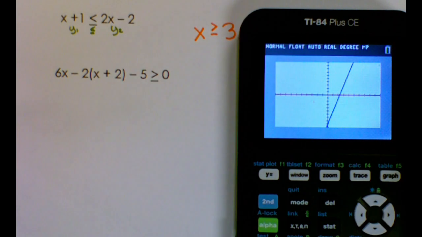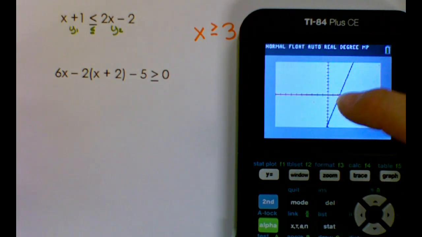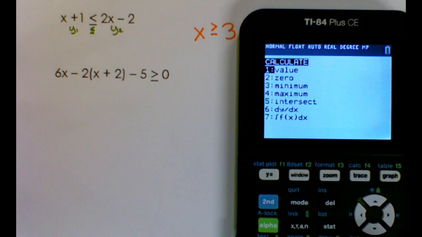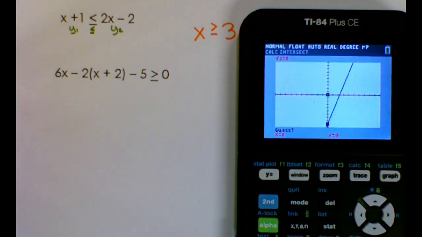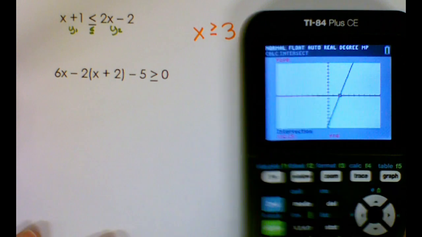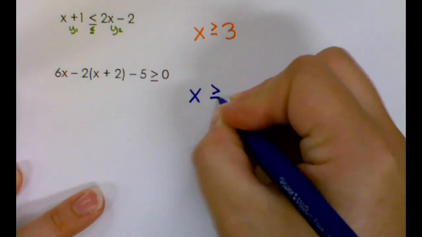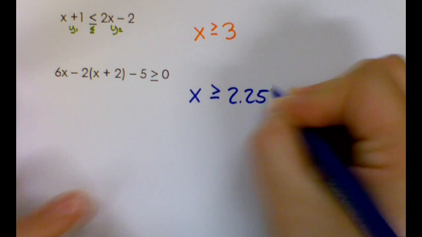I want to know when blue is greater than or equal to red. Well, that's everywhere from this intersection on up. So second, calculate. Number 5, my intersection. First curve, second curve, guess. They intersect at 2.25. So anytime x is 2.25 or more. So or more means x is greater than or equal to 2.25 is my solution.